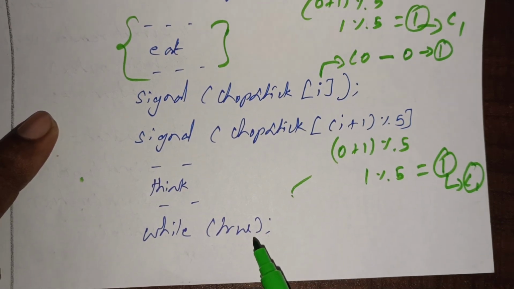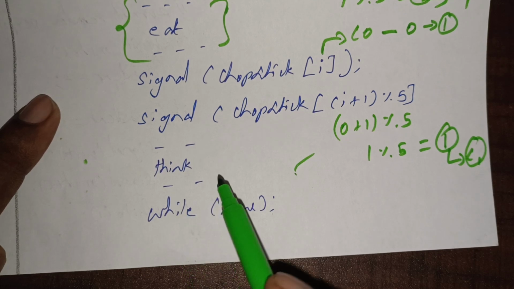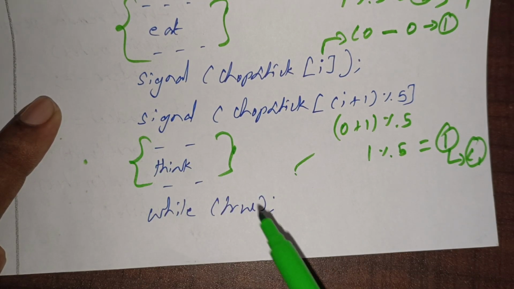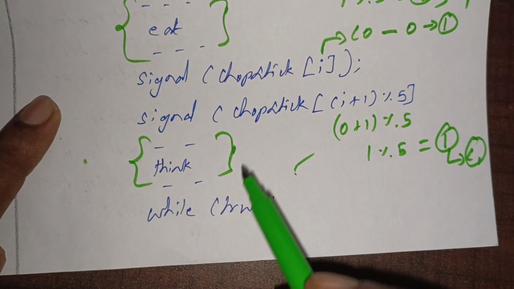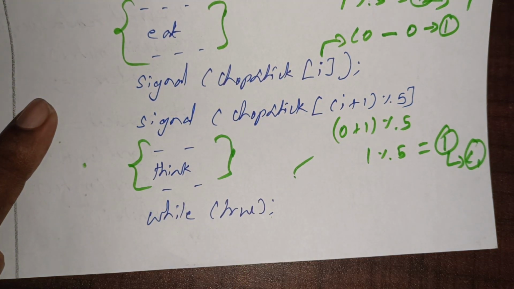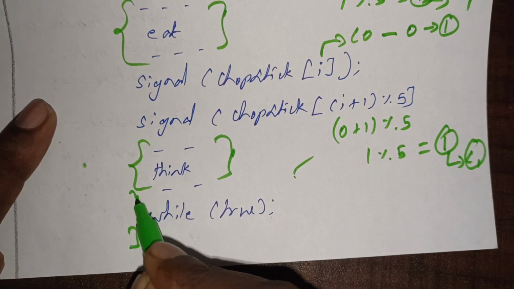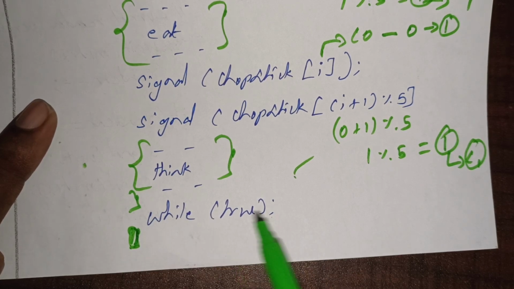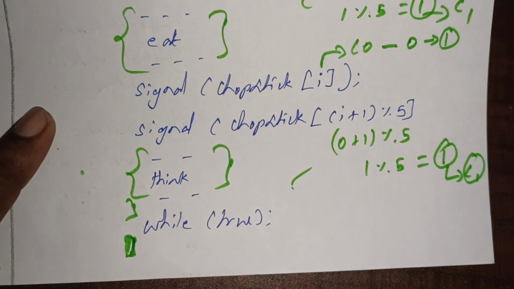When the chopsticks are released, what will P0 do? Again it will go and think. Only two jobs, right? One is eating, another one is thinking. So when the condition is true, the same process will keep on executing.